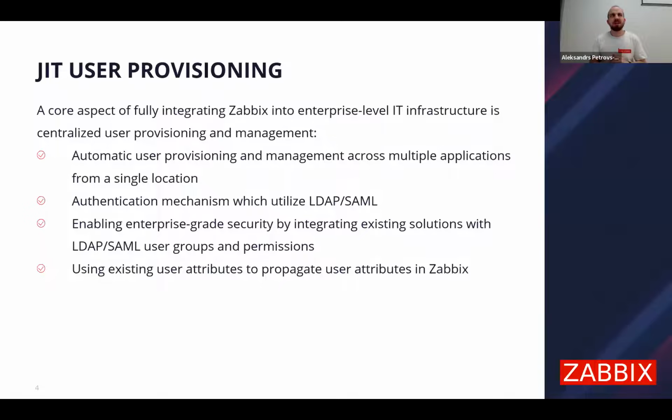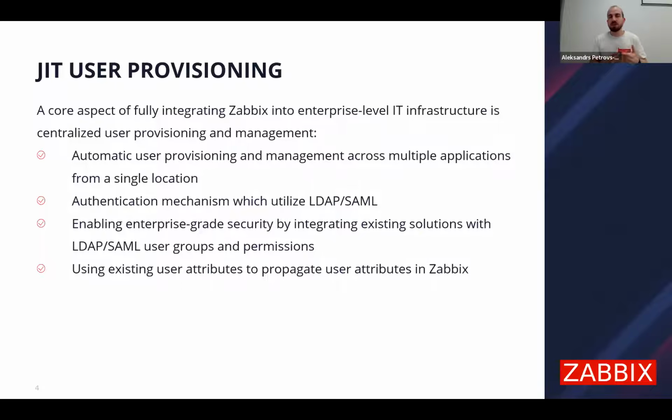And it can be quite a pain if we need to, of course, manage a lot of applications. So we need to create users there, we need to create users here, then all the users need to remember all the passwords for each single application.